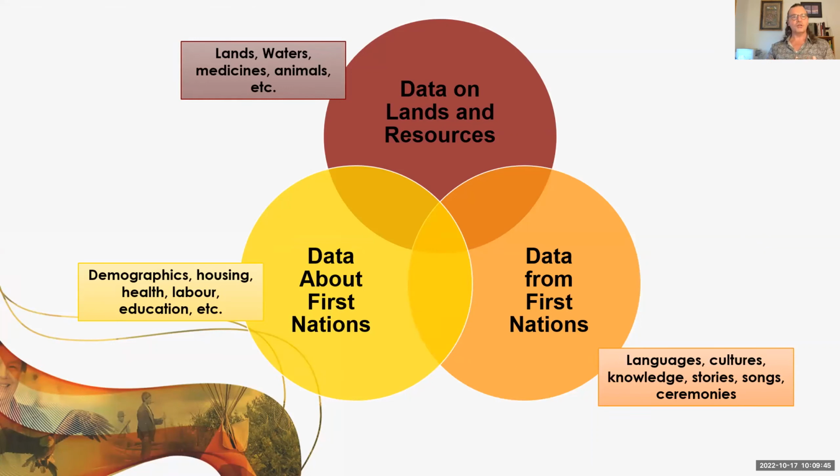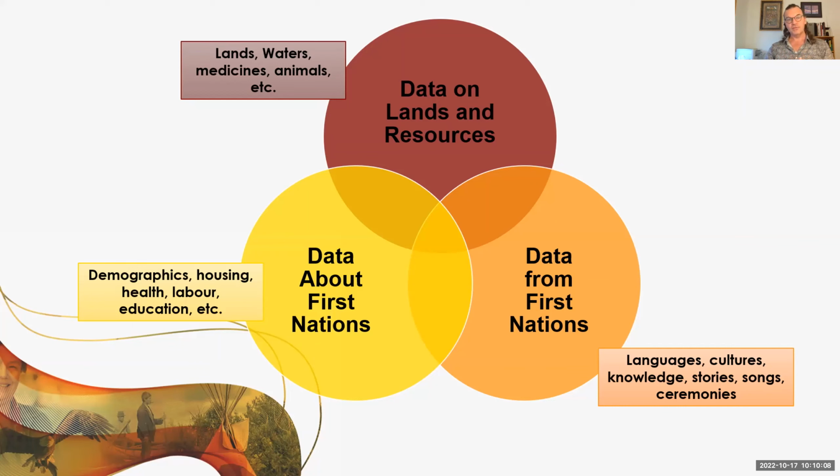So what is our core concern? Well, our core concern is First Nations data governance. And we take a very specific but broad view of what is First Nations data. First Nations data, in our definition, is any data that's from or about First Nations lands, waters, or resources.